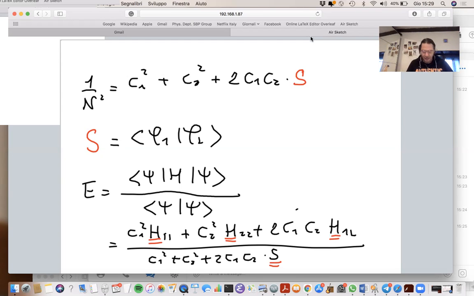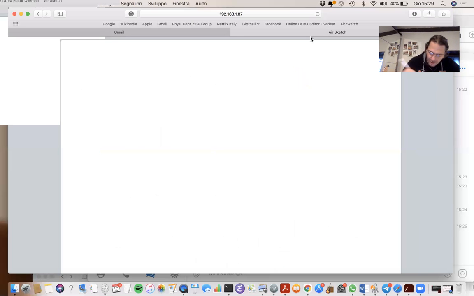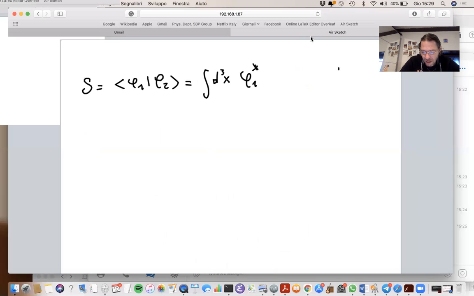All these terms require integrals, and let me remind you what these terms are. As we already defined, if I'm given the exact analytic expression for phi 1 and phi 2, then clearly this becomes integrals that are well defined, and I can use any program for three-dimensional integrals.